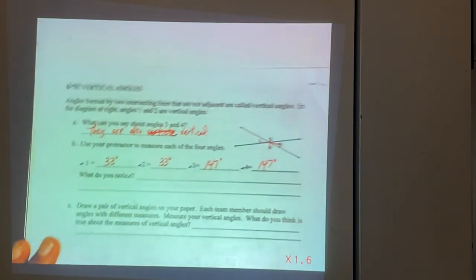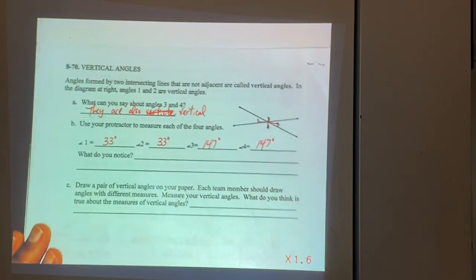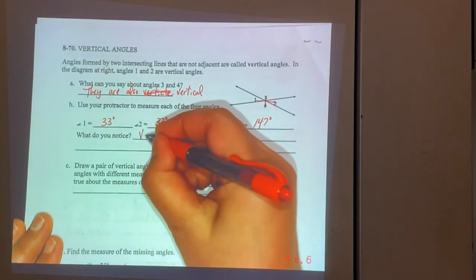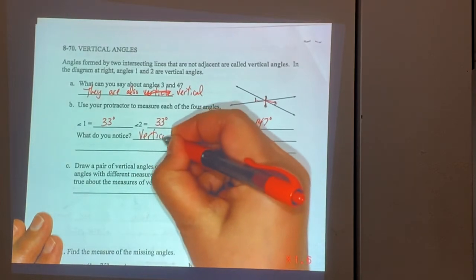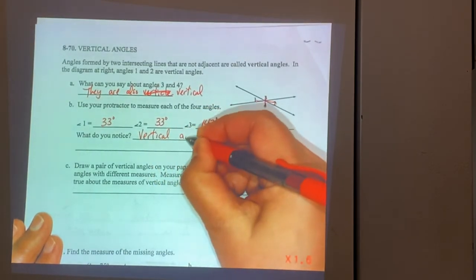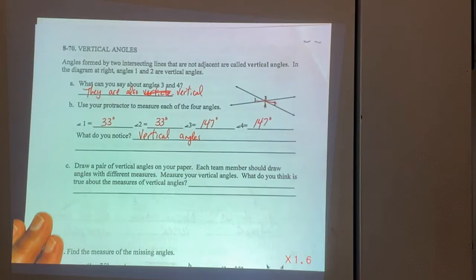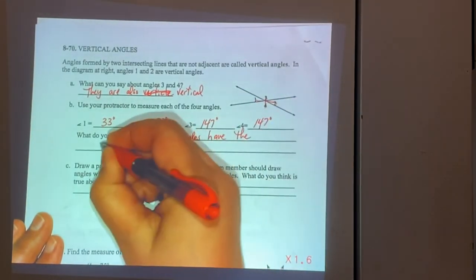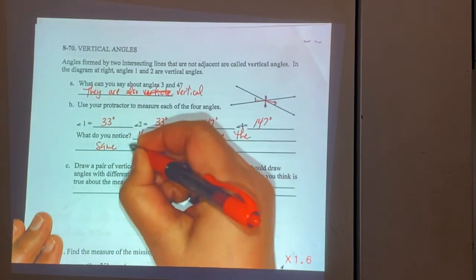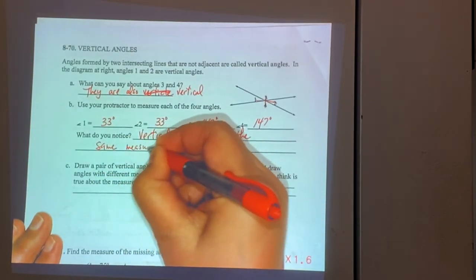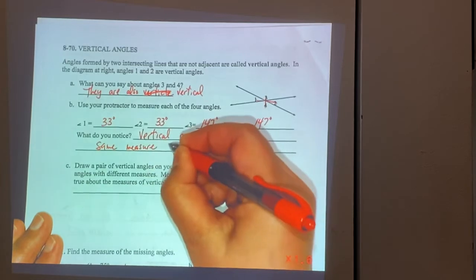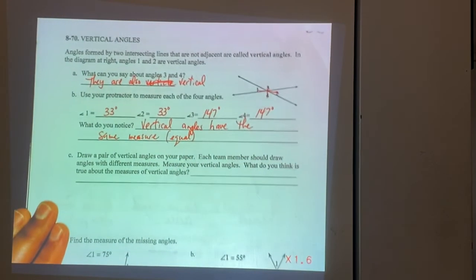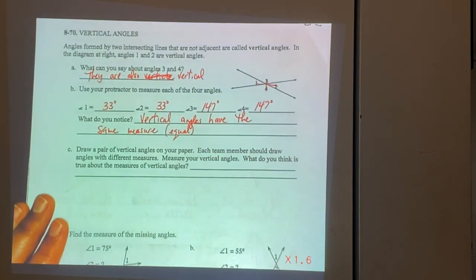What did you notice? What did we notice? Vertical angles have the same measure. They're equal. So draw a pair of vertical angles on your paper.